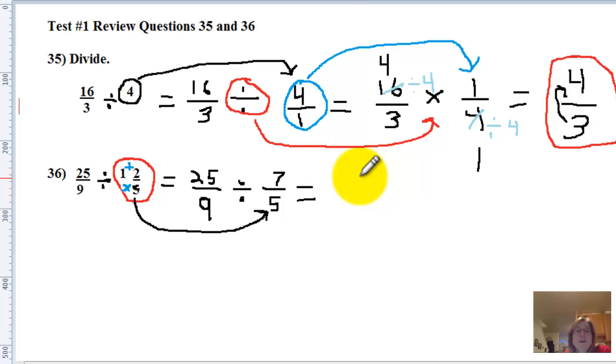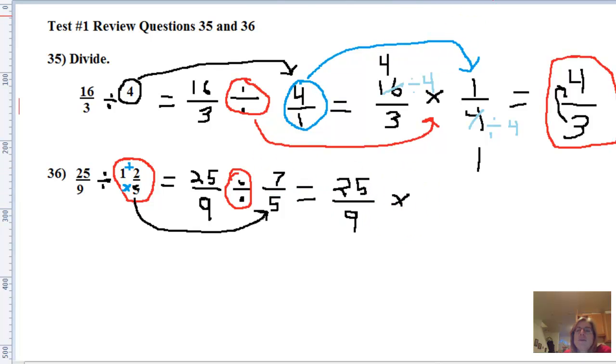So we do our division as normal. The first number stays the same, 25/9. We take the division sign, change it to multiplication. So that's multiply.